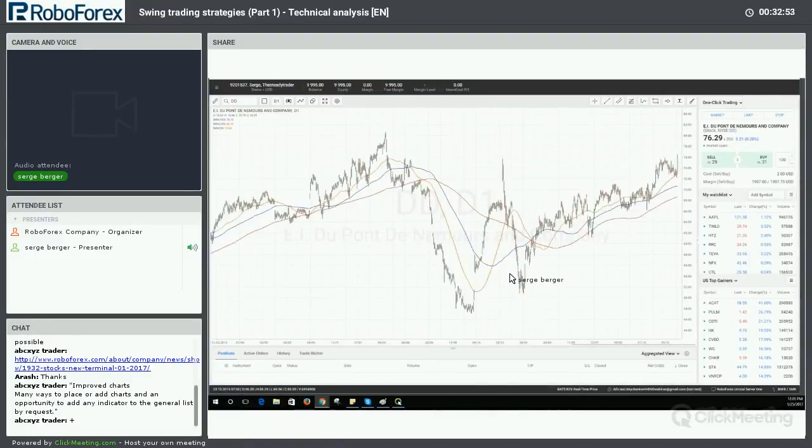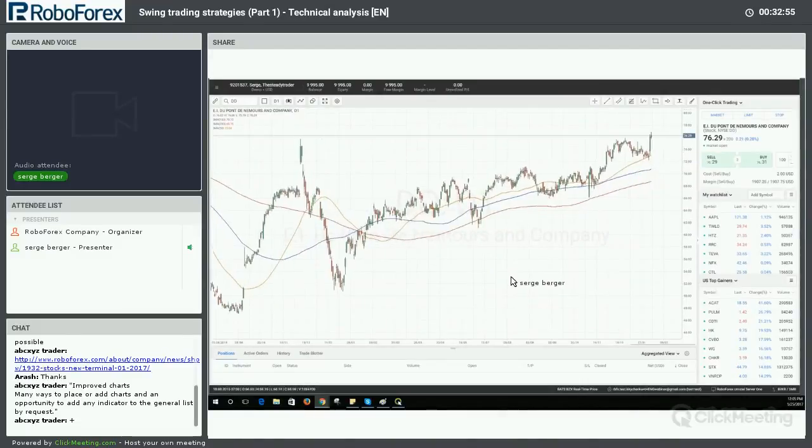So let's look at DuPont, and you can see very much like the S&P 500, this is a stock that has had a very orderly incline in the sense of its directionality. In other words, it's been pretty much just one move higher.